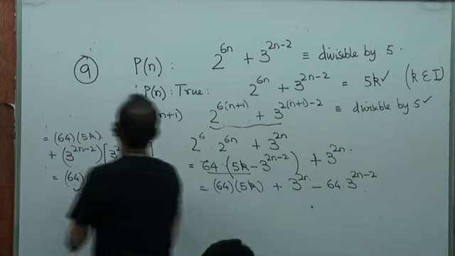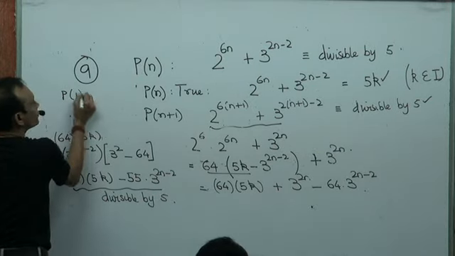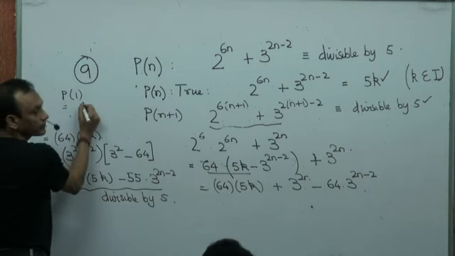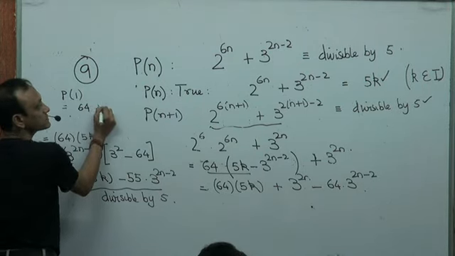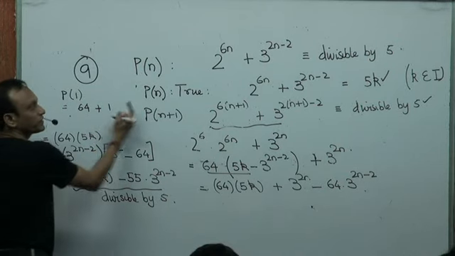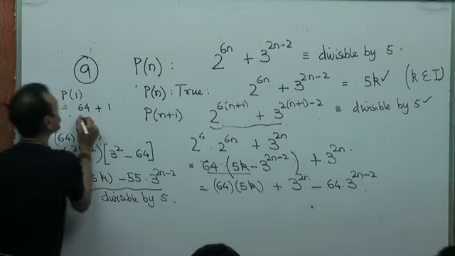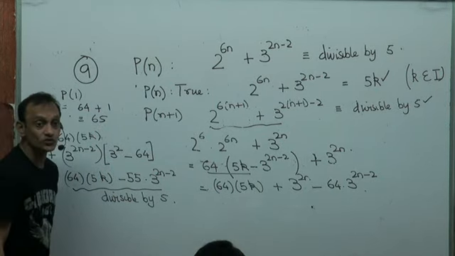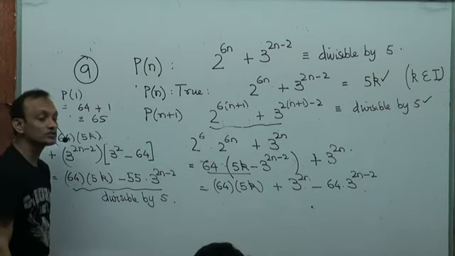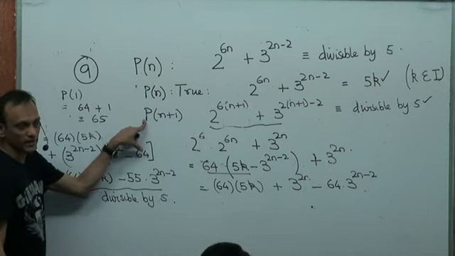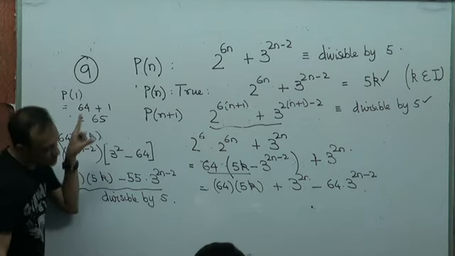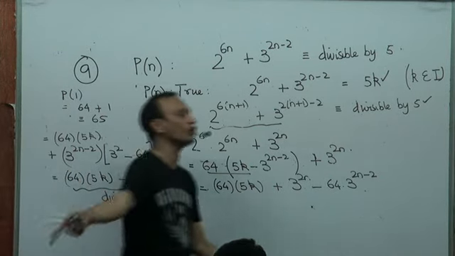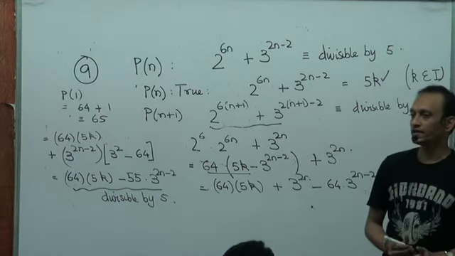And you check for P1, put n equal to 1, what is it? 64 plus 1, 3 to the power 0 is 1, that makes it 65, which is divisible by 5. So P1 is true. And if P1 is true, given that Pn is true, Pn plus 1 is true, that means P1 true means P2 must be true, and therefore P3 must be true, and therefore P4 must be true, and therefore true for all n. Yes or no?